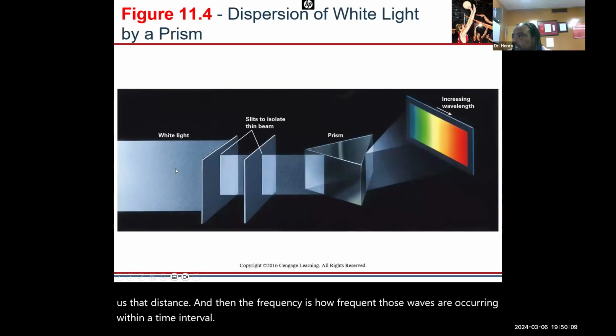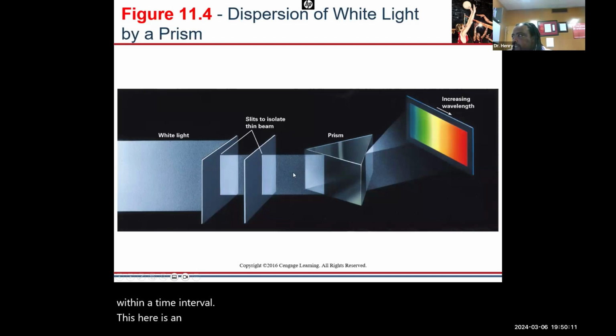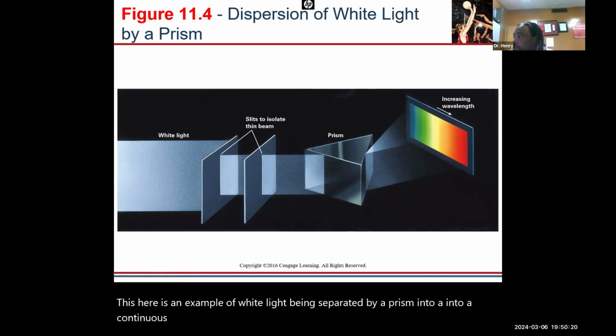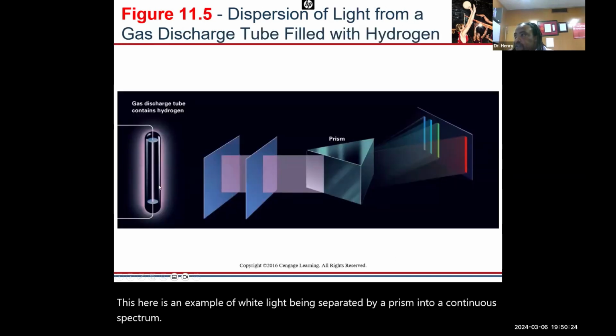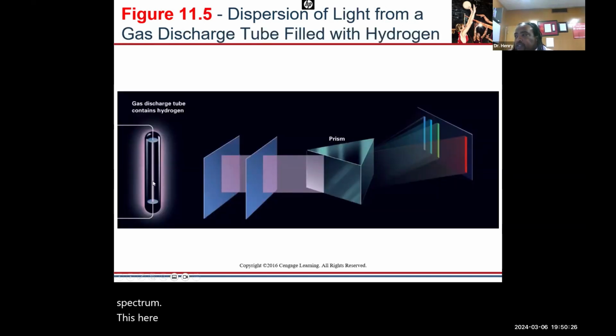This here is an example of white light being separated by a prism into a continuous spectrum. This here is hydrogen gas being excited, and it forms a discrete line spectrum.